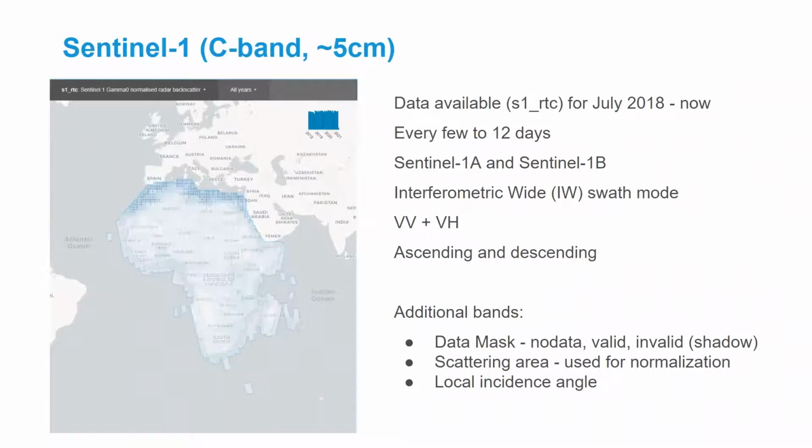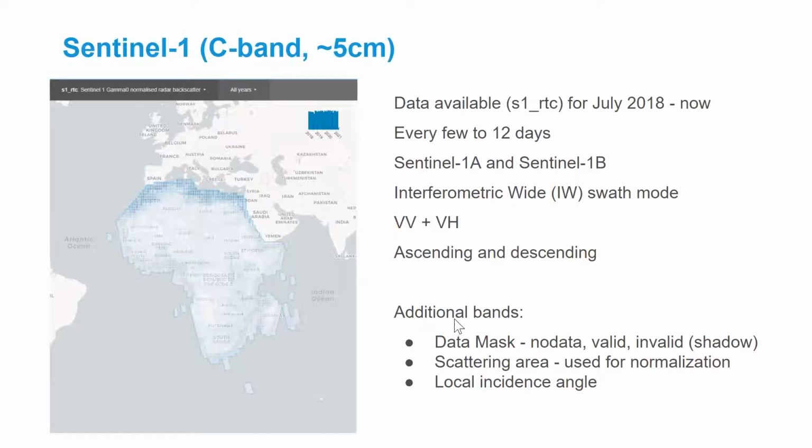So the polarization has changed along the way. And of course, we also have ascending and descending images. And because Sentinel-1 only looks to the right, the ascending and descending passes cover the land surface from different look angles.